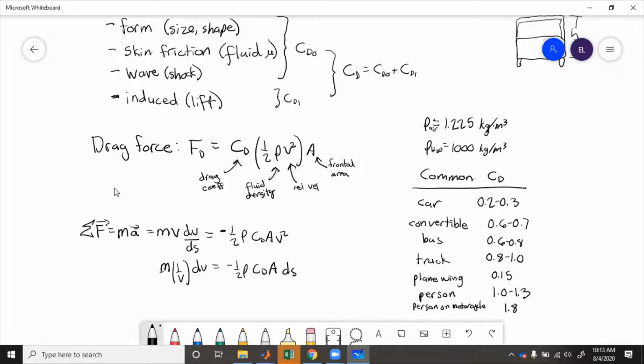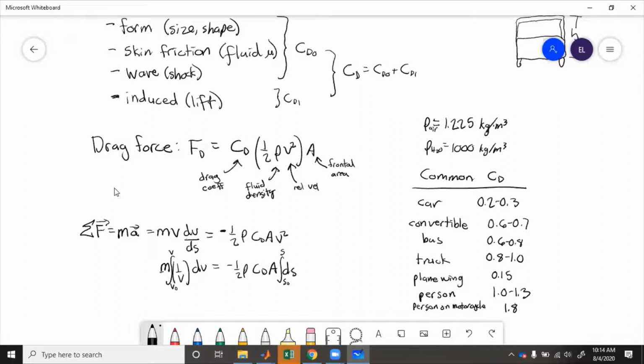So we integrate here. This mass is constant, so we just go from v initial to v. And then here we go from s initial to s. So this is initial position to final position, initial velocity to final velocity.